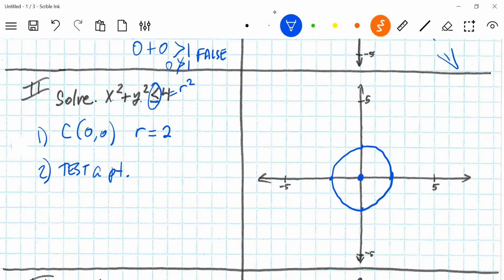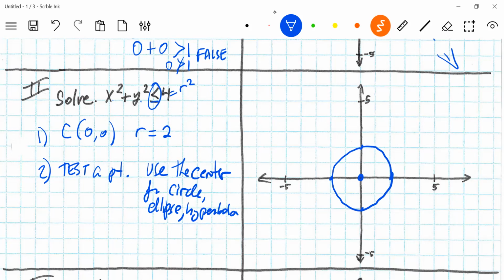Okay, here's a little tip. Use the center for circle, ellipse, and hyperbola, because those will give you zeros on one side of it.